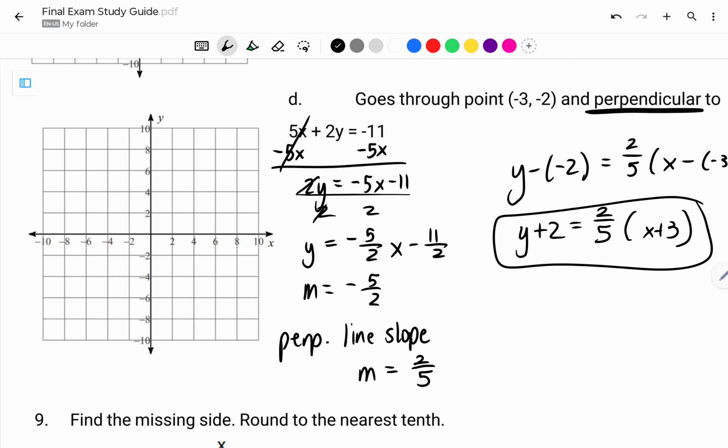And then, what do I do again? -3, -2. Right here. Go up 2, right 5. So 1, 2, 3, 4, 5. Up 2, right 5. And then go backwards, down 2, left 5.